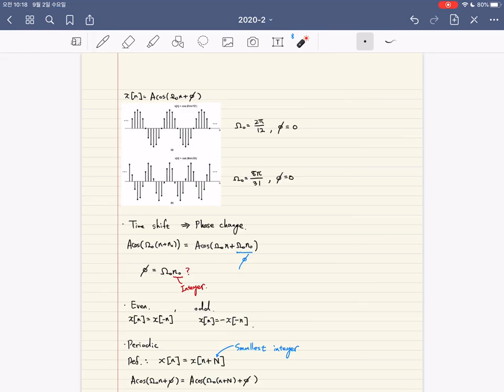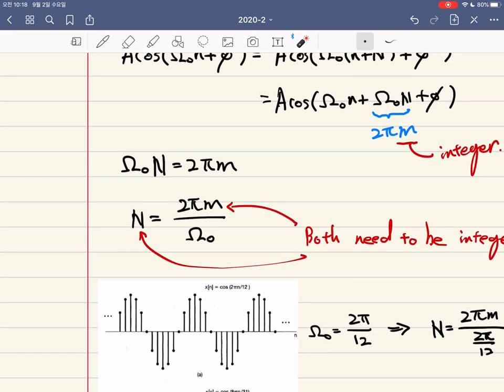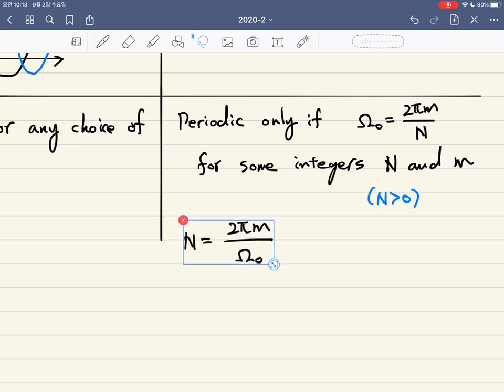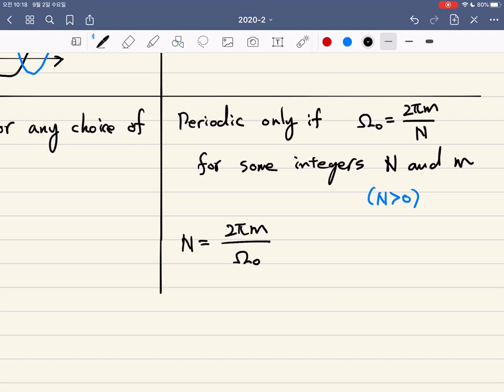So if we think about this equation about the period of the discrete time case, with this kind of description, the signal in discrete time is periodic only if the large omega 0 has this relationship.